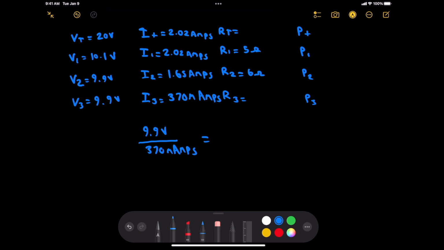So 9.9 divided by 370 times 10 to the negative 3. That gives us 26.756 ohms. And that's going to be the value for R3. 26.756 ohms.